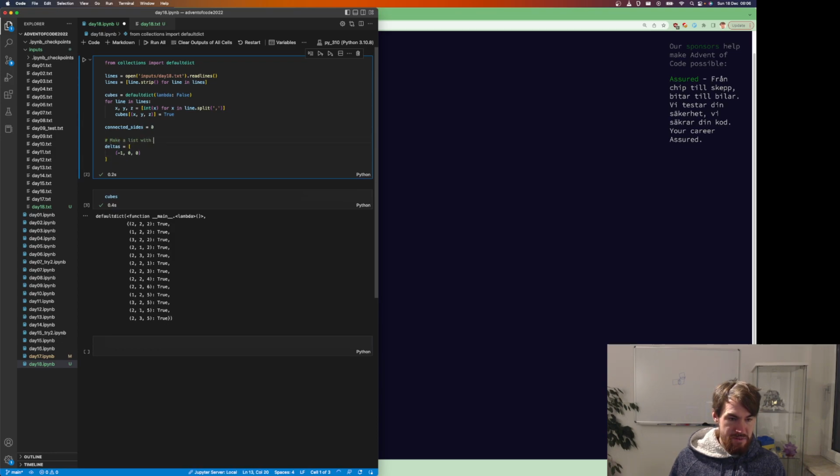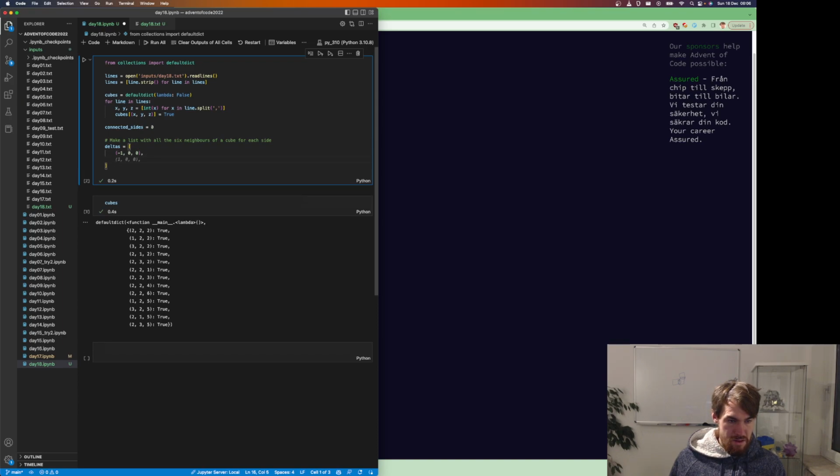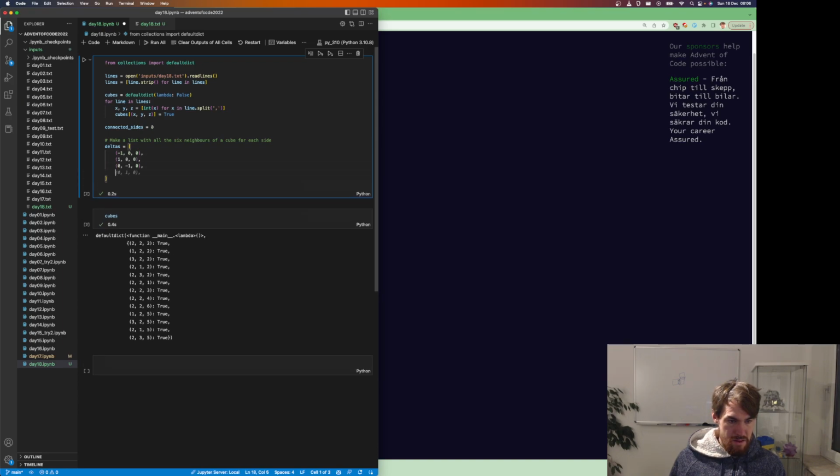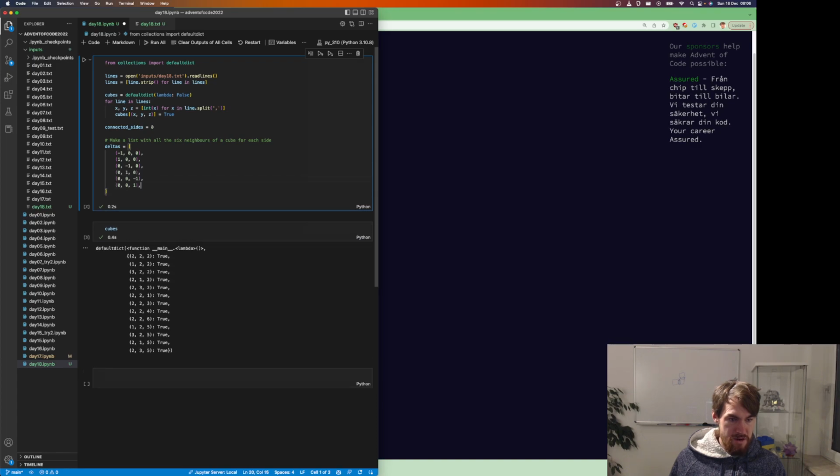Make a list with all the neighbors of a cube for each side. There we go.